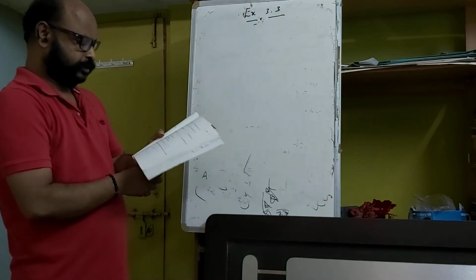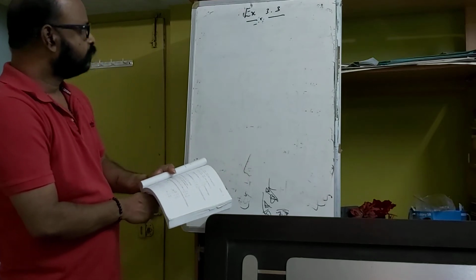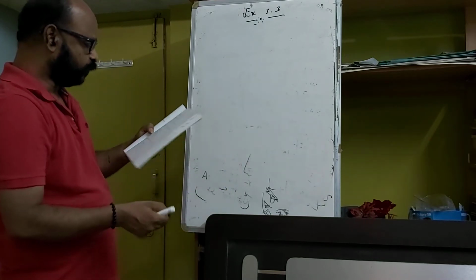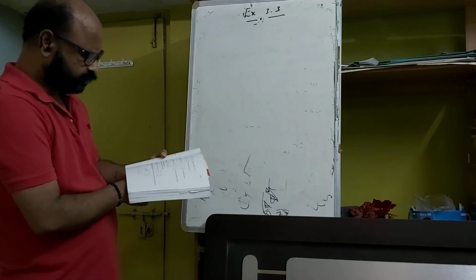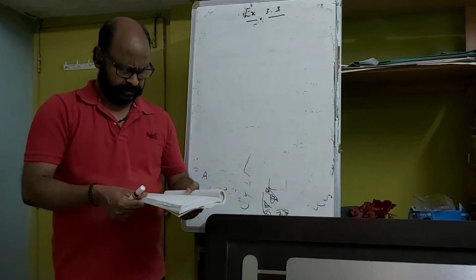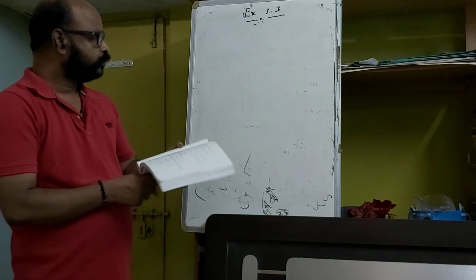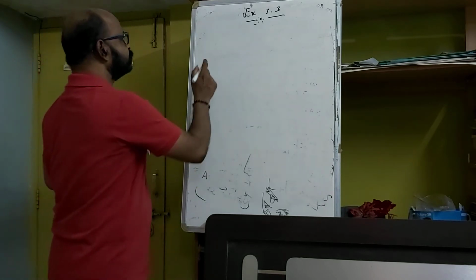Okay, so we come to exercise 3.3. We have done questions up to question number 10, second part. The last question was question number 10, second part. Now we do question number 10, part 3.